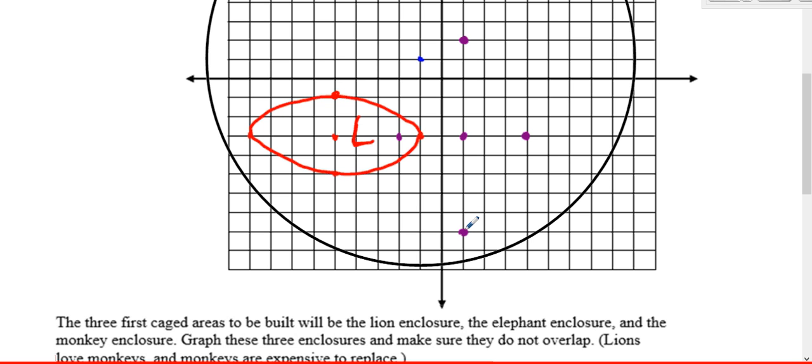And it's an ellipse, so just do your best to draw the curve. Kind of like that. This was the elephant cage.